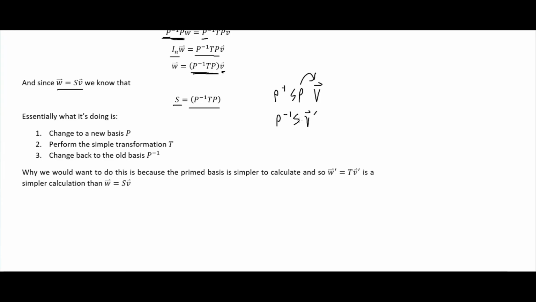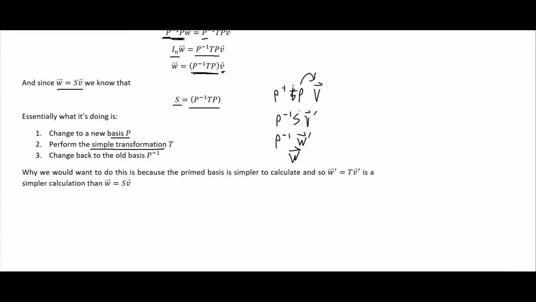Then we do this T on here, which gives us W prime, and then we act the P inverse on there, which brings us back to W. I think I put S in here.